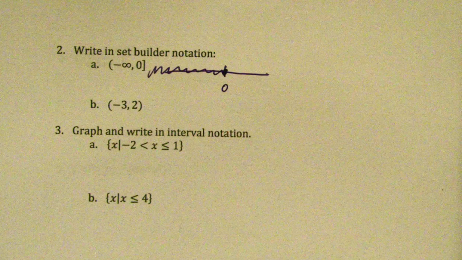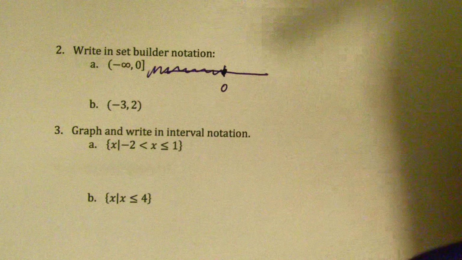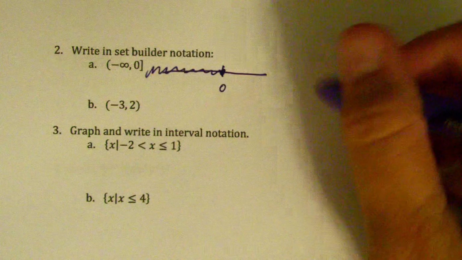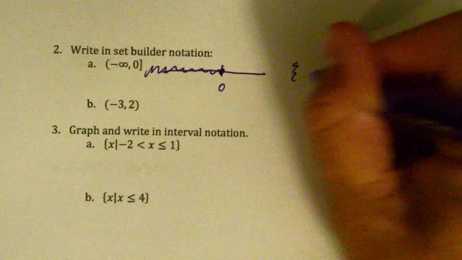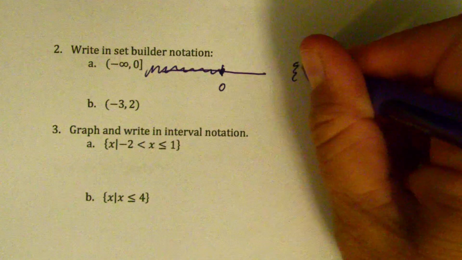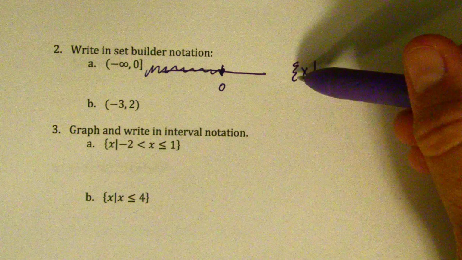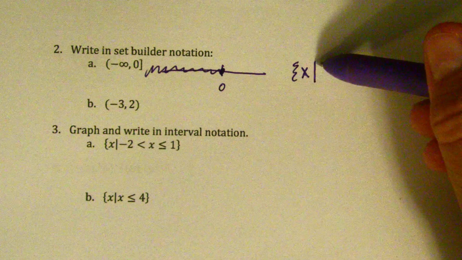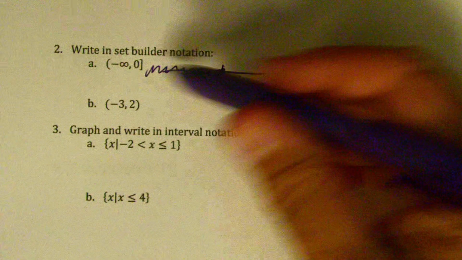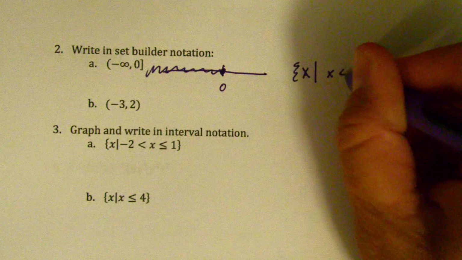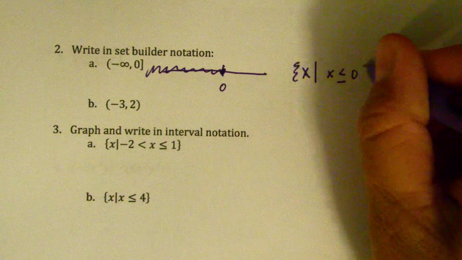And again, nowhere did it tell me to graph. I just think this is a helpful visual. So the way we could write this in set builder notation, remember it has a little squiggly bracket, x, and that vertical line, which means x such that, meaning x, and then we're going to describe x, and it's all the values less than 0. So we have x less than or equal to 0.